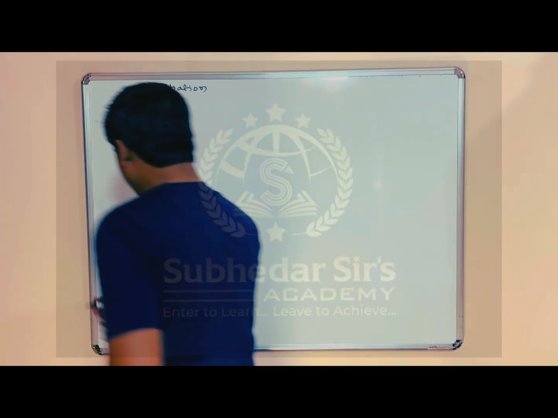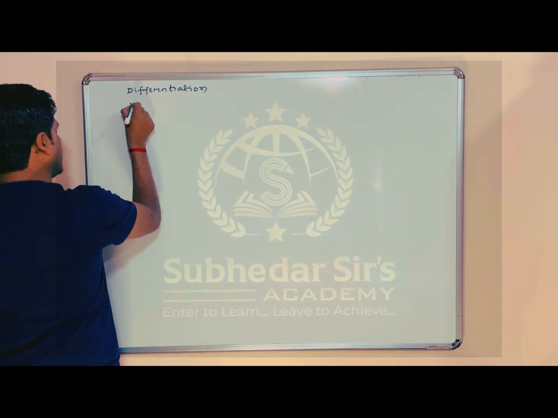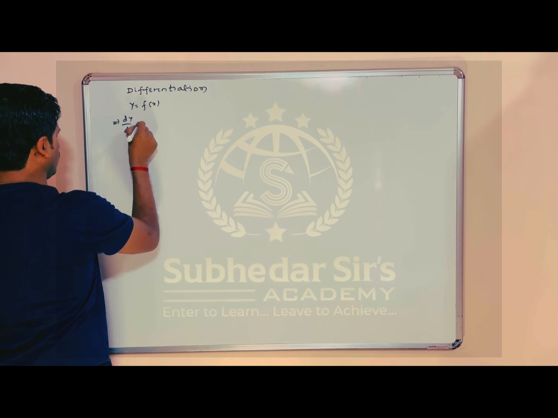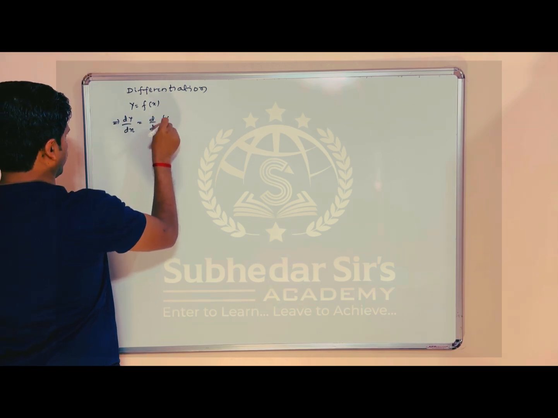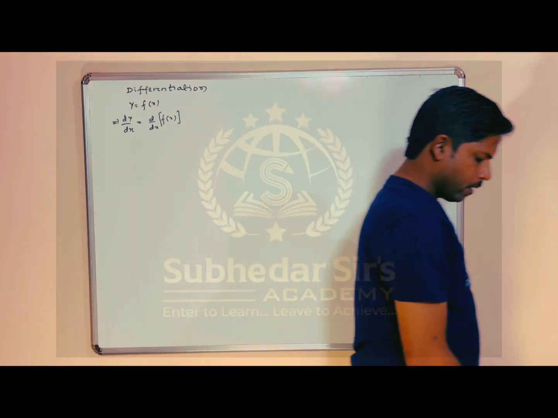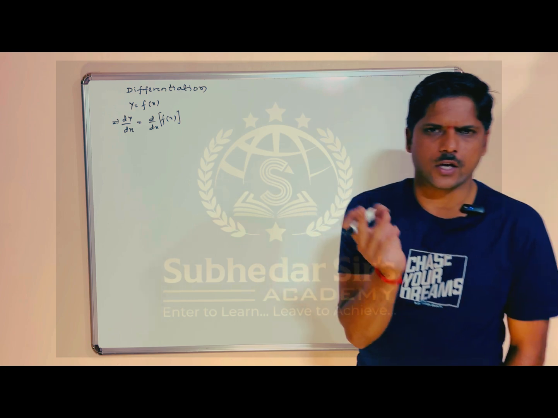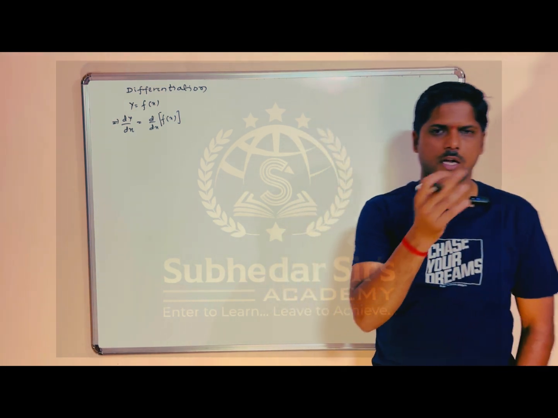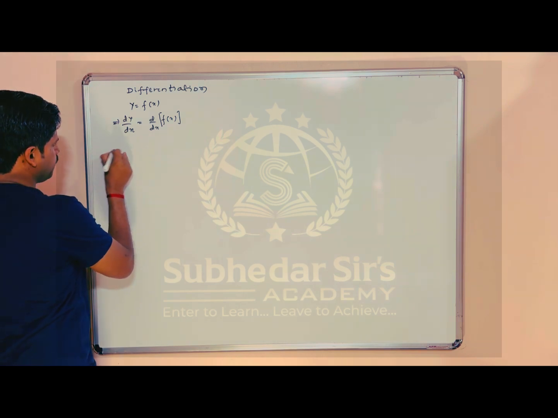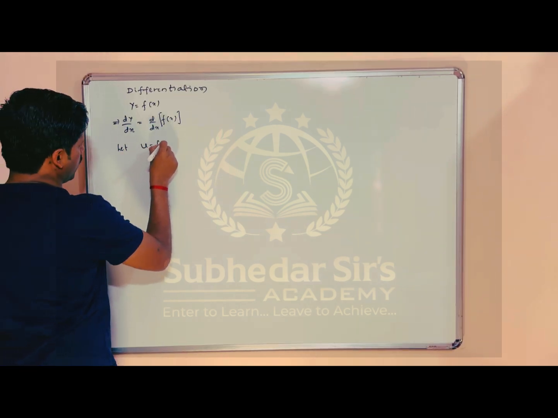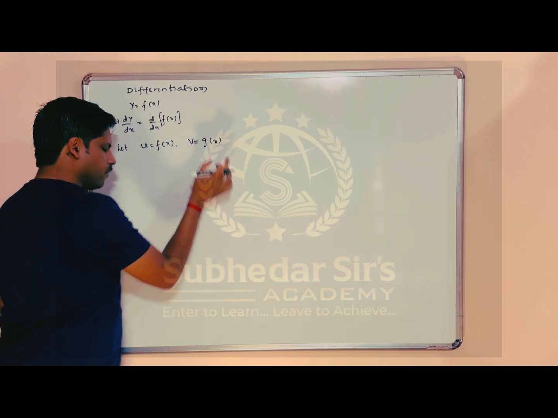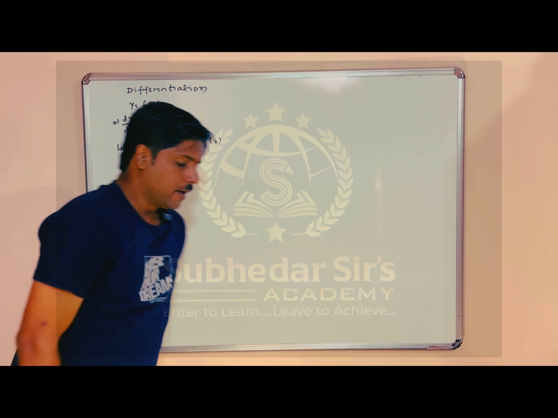See here, as we know that differentiation of the function, if y is equal to f of x, then dy by dx is equal to d by dx of f of x. If suppose we have more than two functions, that is the addition or subtraction or multiplication or division, there also we have some standard formula. So suppose I consider u is equal to f of x and v is equal to g of x, where f of x and g of x are the functions of x only.